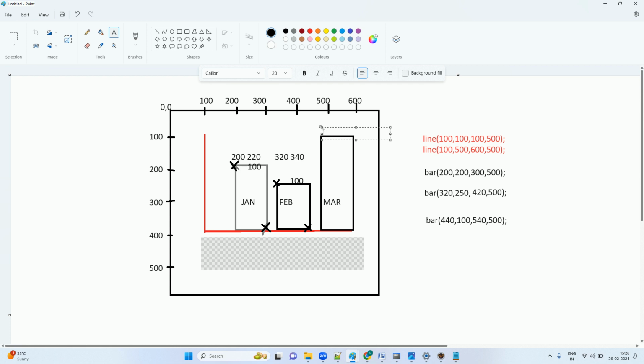This was 440, so plus 20 is 460. Your y remains constant at 300. So Jan is 220, 300. February is 340, 300. And March is 460, 300. So this all should go in your mind.